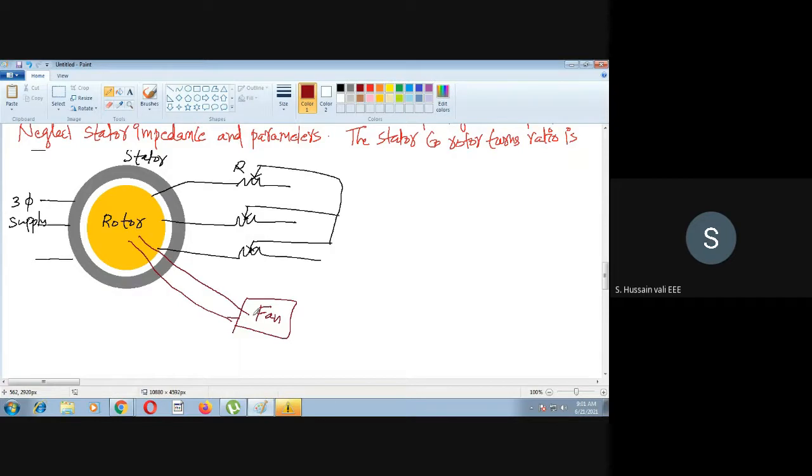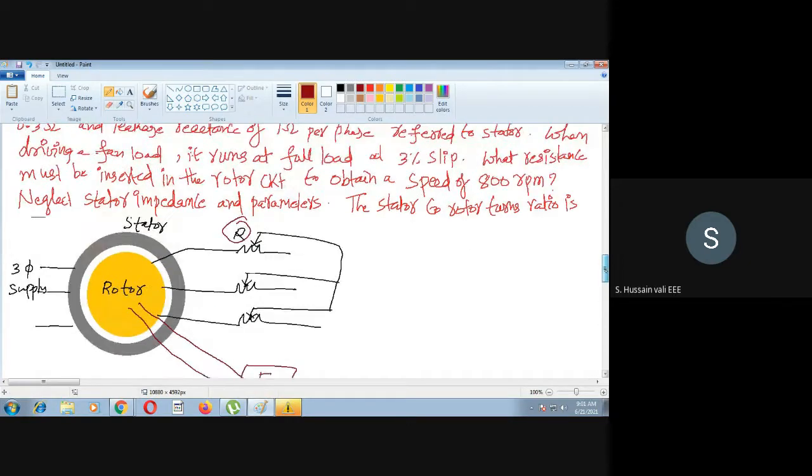Now he asks what resistance R, here is R, should be in the rotor circuit so that the fan runs at 800 rpm. So you have to make this run at 800 rpm. What resistance will you add here?